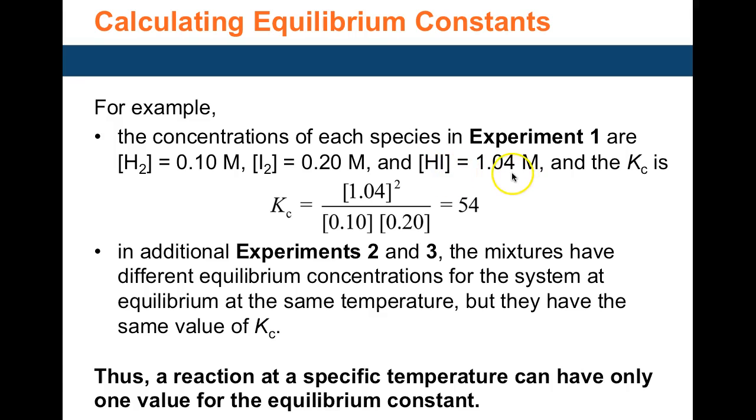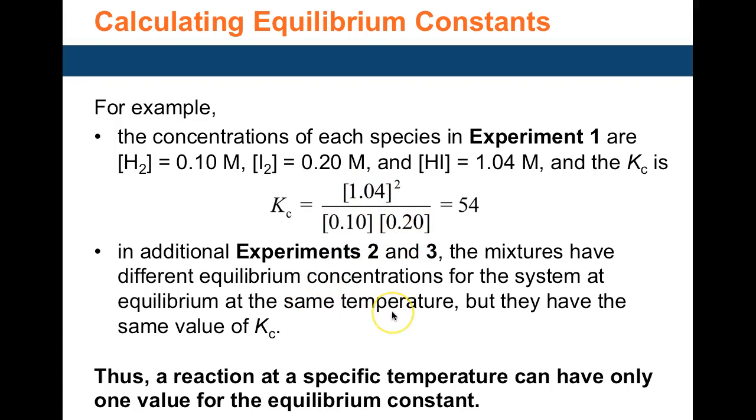HI was 1.04, so HI squared, so it's 1.04 squared. Hydrogen and iodine were 0.1 and 0.2 respectively, all right? So take the product of this and divide it into the square of that, and the Kc value comes out to be 54. Now you can conduct more experiments where these quantities, these amounts can differ.